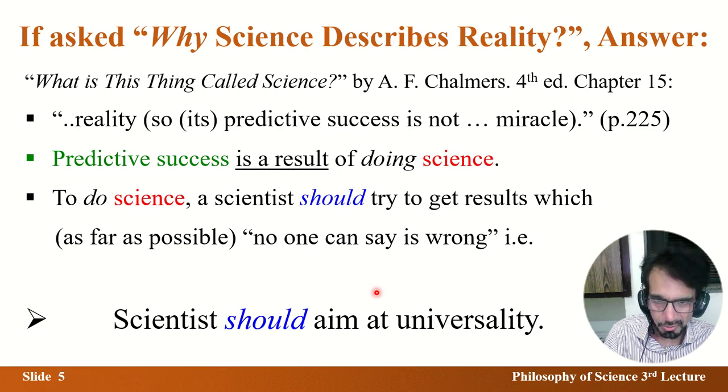You should try to make only those claims which are universal, which means no one can say it is wrong. Or if you want to use the word objectivity, you can say that you should aim at objectivity. At this time, my topic is not universality or objectivity. My topic is whether we should use the word is or the word should.